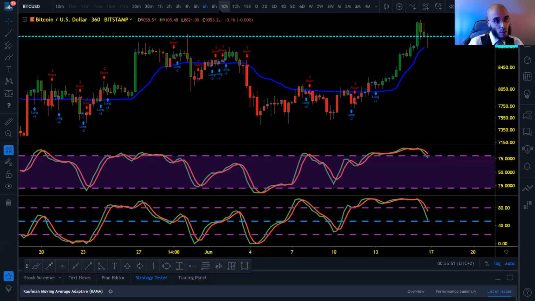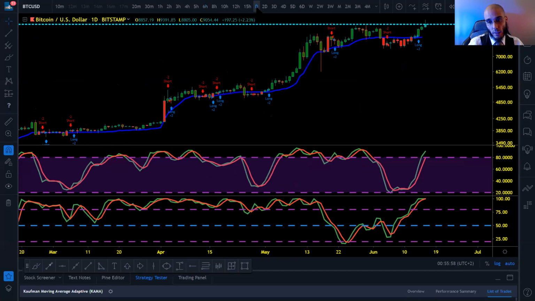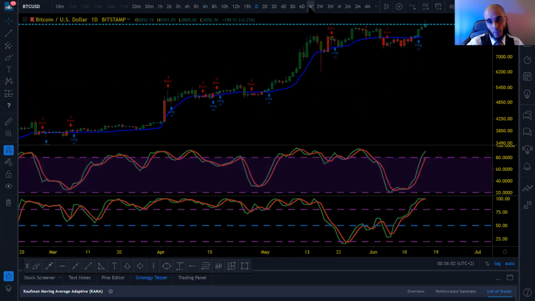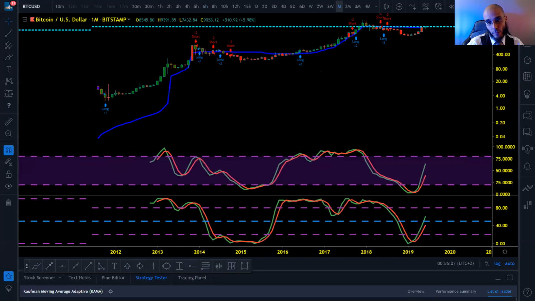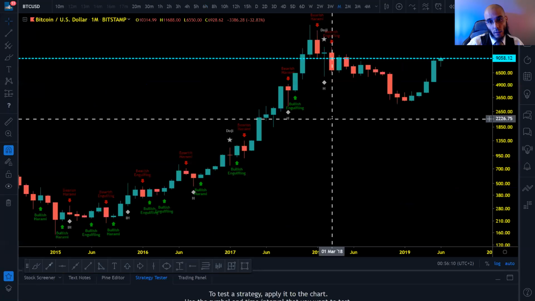After the 6 hour, let's look at the 1 day. We are still positive. Let's look at the 1 week. We are still negative. And the 1 month will be positive. Yes.